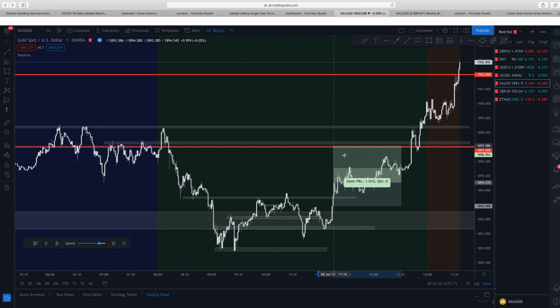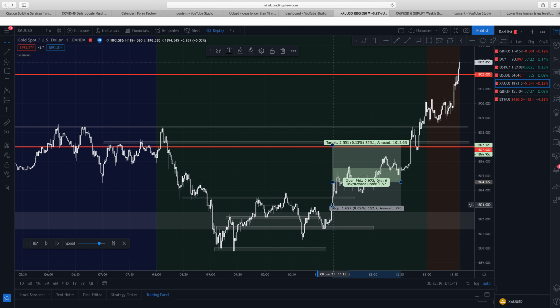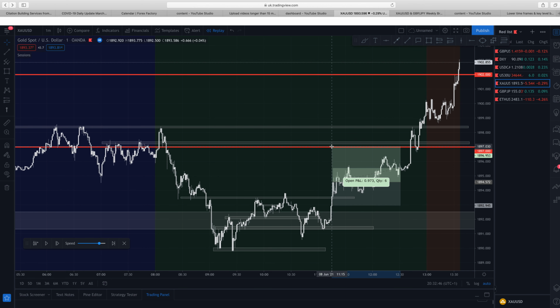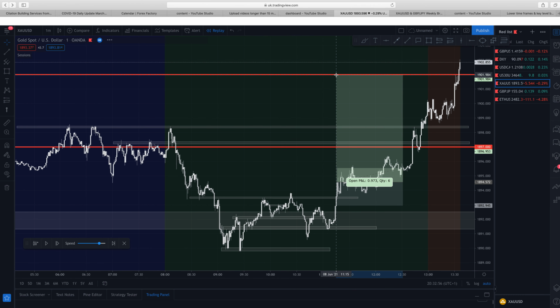With stops below. Stops below the recent highs. You could take partials at the first TP, first key level, or set break even, and then look to ride the buys to the next key level.